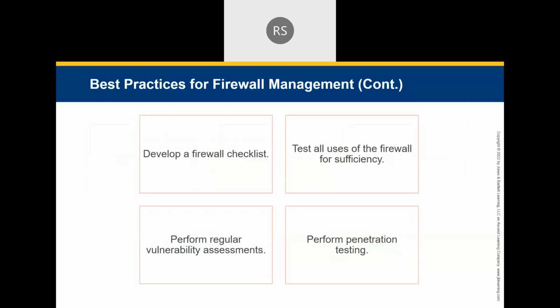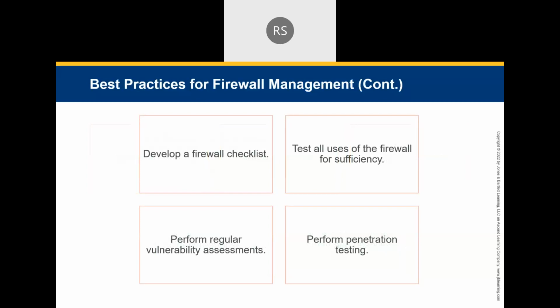You also want to develop a firewall checklist. In here, you will define your firewall objectives, establish your firewall rules, and review those rule sets regularly. You also want to test all uses of the firewalls.